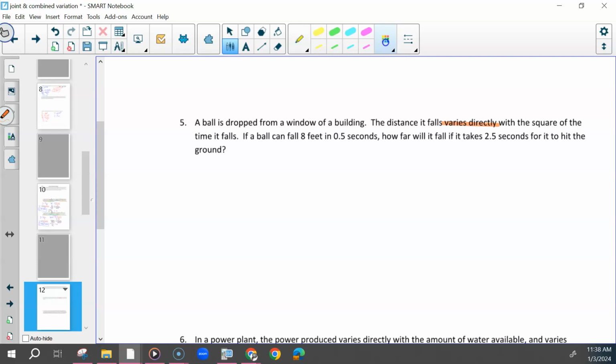Square. The square is important. 8 feet and 0.5 seconds. What are we looking for? How far it will fall. 2.5 and how far it'll fall.